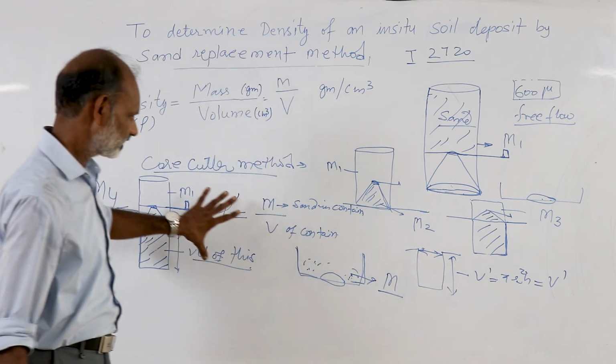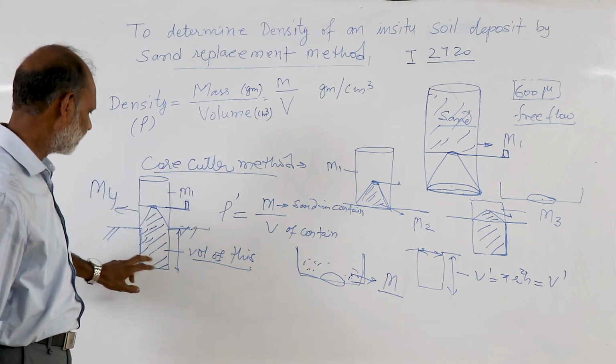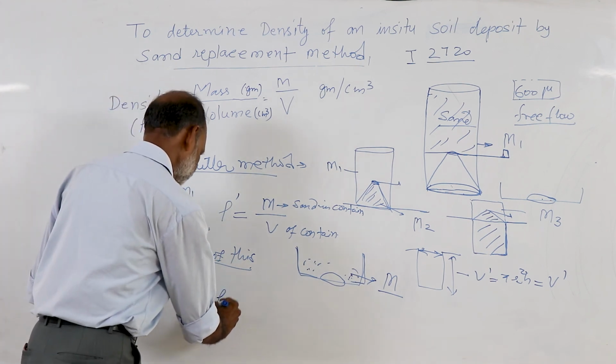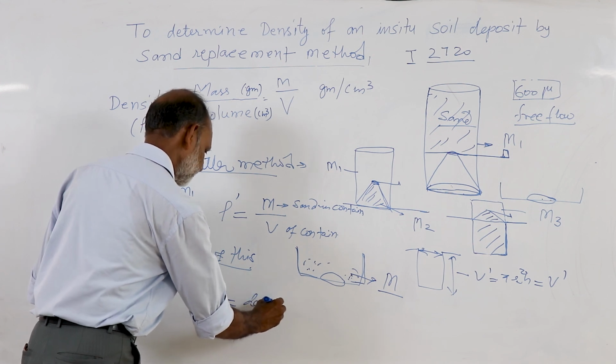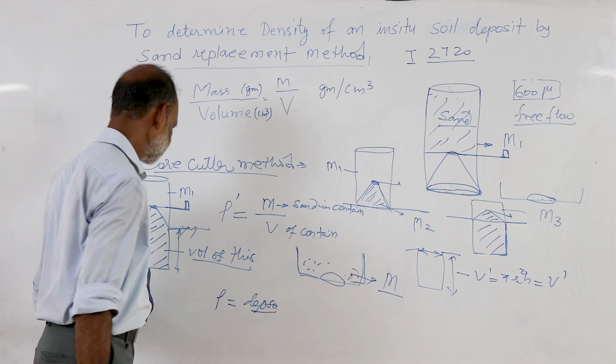With all these observations, we calculate the density rho of the deposit, or the soil in the deposit in the field.